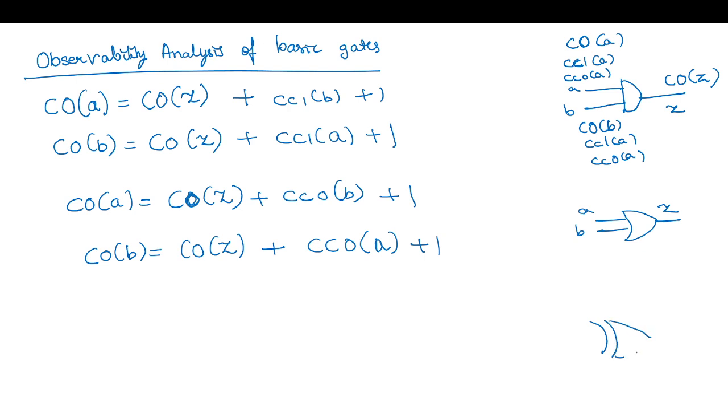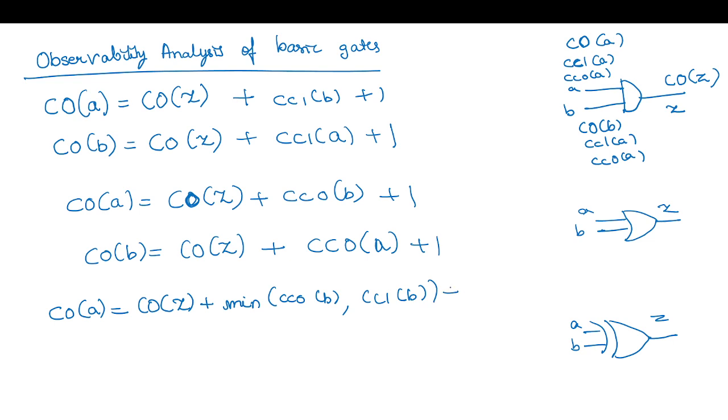Now for an XOR gate, the combinational observability of A is the combinational observability of Z, and the non-controlling value can be either of them. So it should be the minimum of the other input B being 0 or 1.